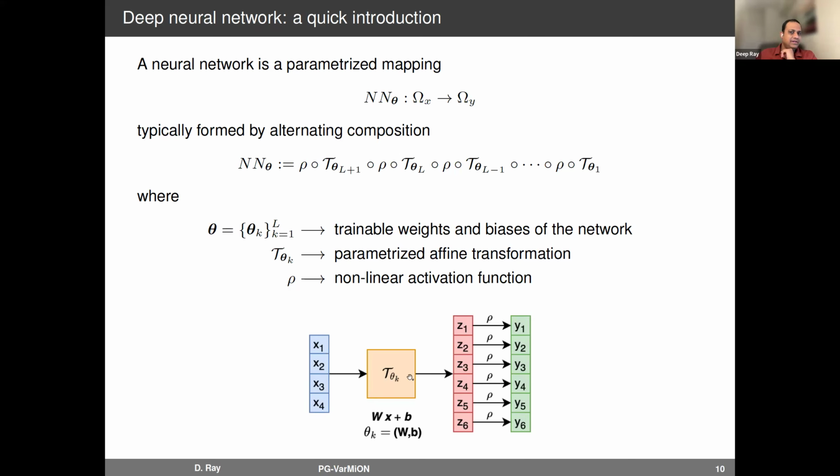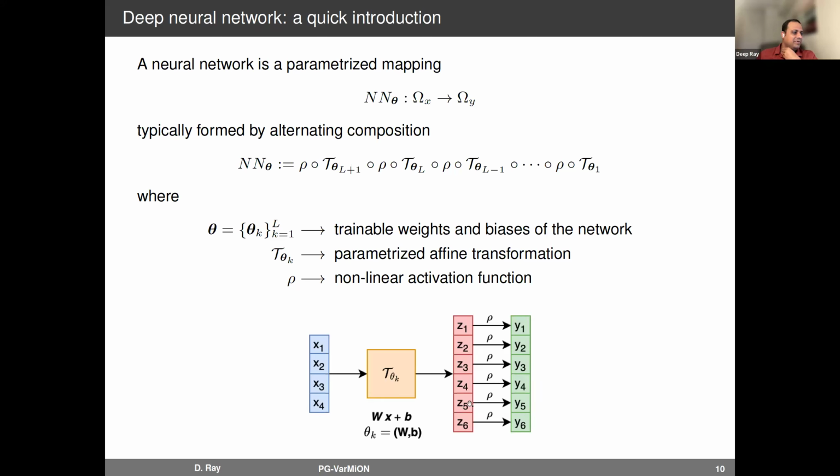What that would mean is, say for the kth composition, you will have a vector of size 4 going into it. You'll perform an affine transformation which requires a weight matrix W and a bias vector B. So you have WX plus B, where W and B are going to be the parameters that I have to determine. Let's say that gives you a 6-dimensional vector after you've done the transformation.